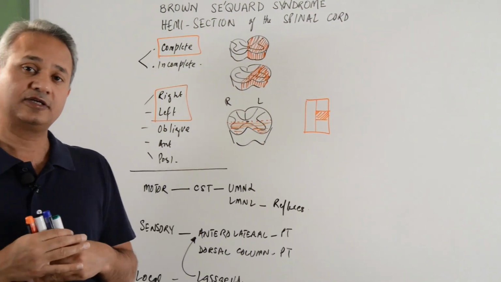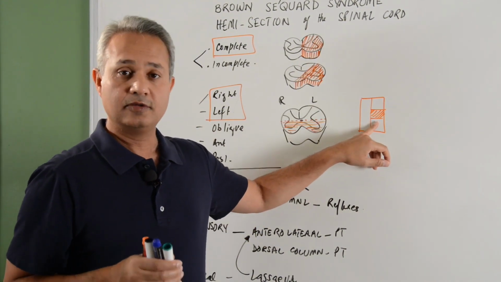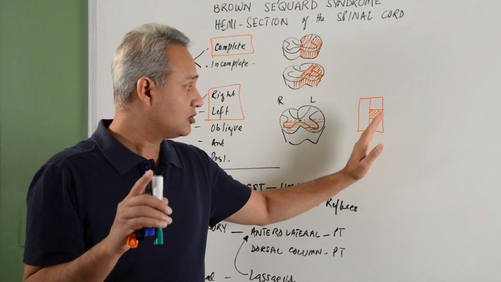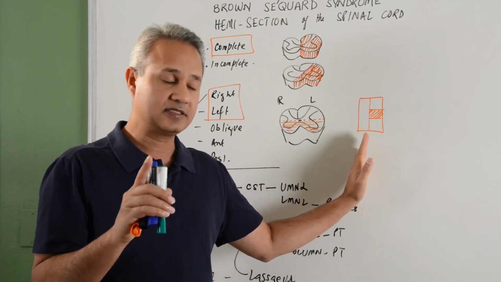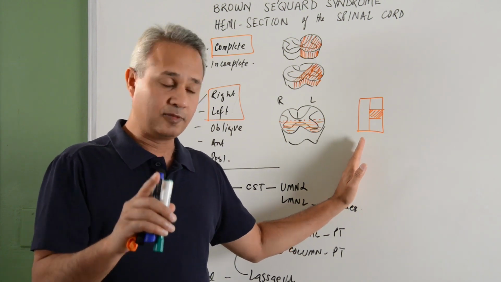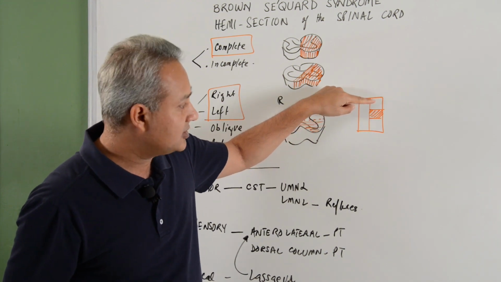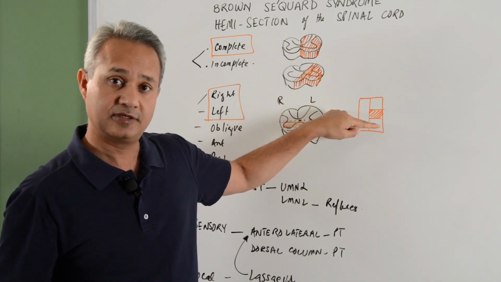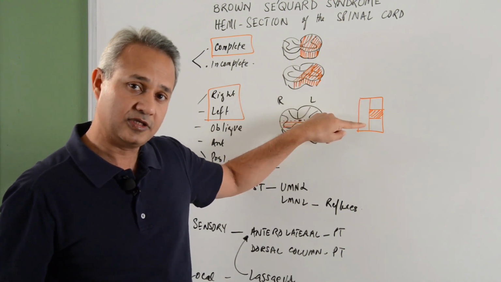Here are the things that you have to talk about. Number one, motor system abnormalities on the same side and the other side. Motor system abnormalities at the same segment, above the segment, below the segment. Other side, same segment, above the segment and below the segment.